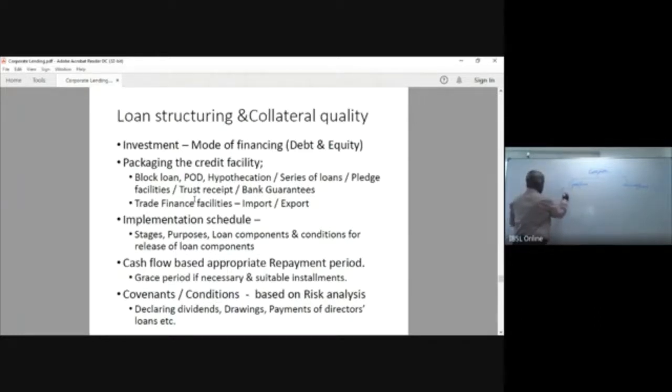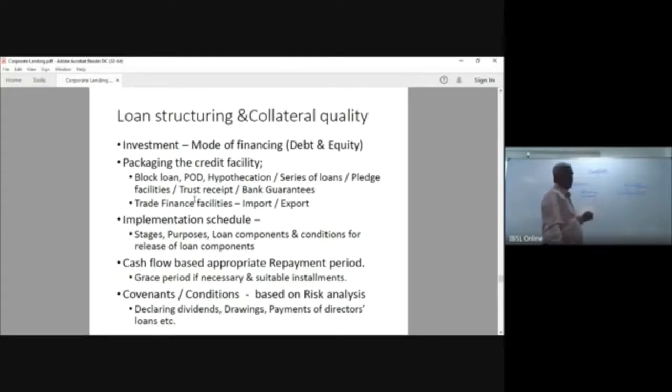So here, loans, overdrafts, bill purchasing or discounting. Non-funded: guarantees and bonds.